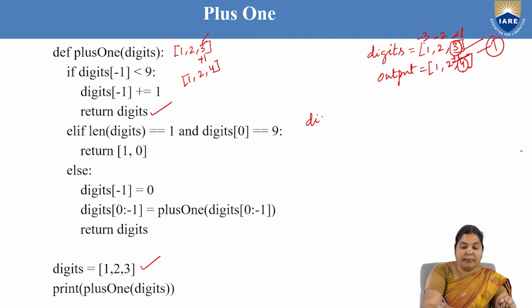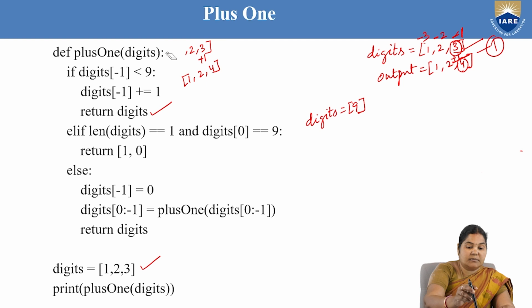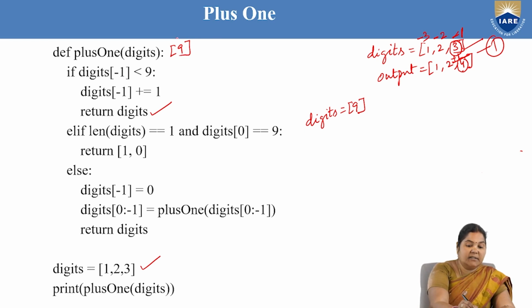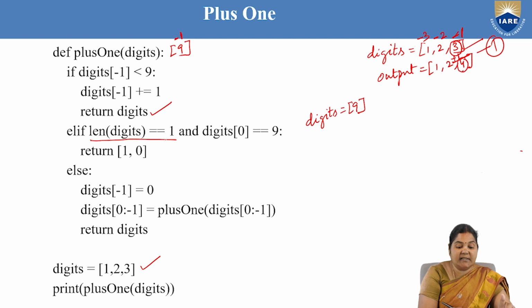Okay. Otherwise, the second test case. Suppose I have my digits array which is a single number 9. Then what will happen? First test case is over. Second test case: if my number is 9, then is digits of -1 less than 9? No, it is the same as 9. Now we check: is the length of the digits array 1?